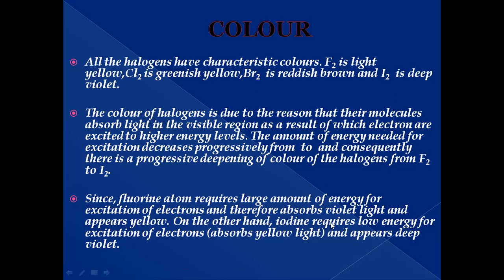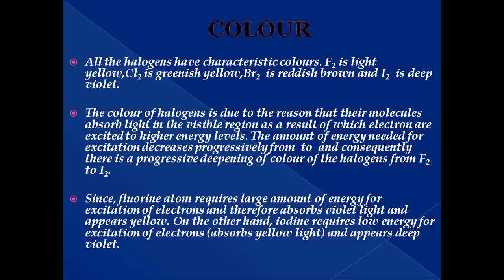On the other hand, iodine requires low energy. Low energy means obviously it will absorb in the yellow light region, that is the lower energy region of the visible light. So obviously the complementary color which will be seen is deep violet. So always remember that the color we see is the complementary color, not the color which is absorbed by the system.